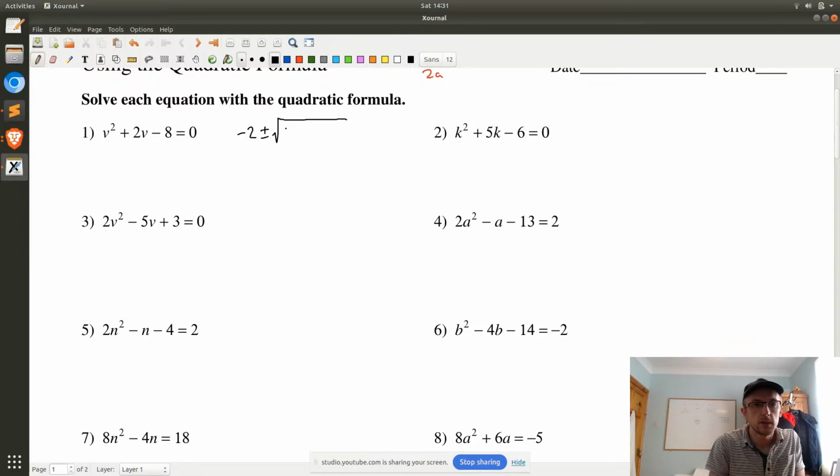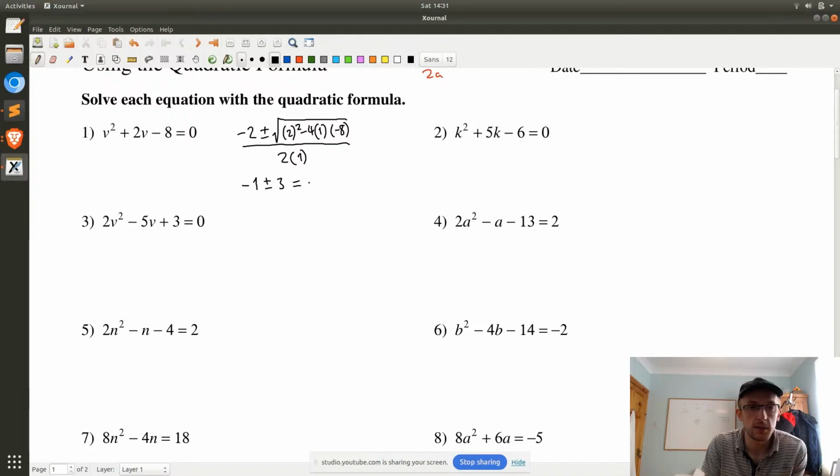B squared like that. Yeah. So 4 plus 32 is 36. So it's minus 2 plus or minus 6. And all of that's divided by 2. So minus 1 plus or minus 3.